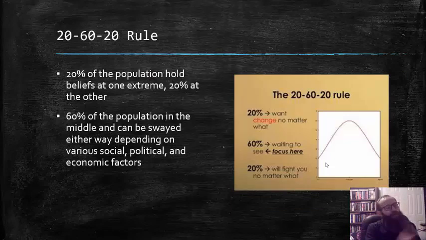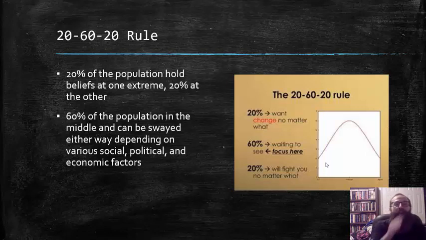Now, closely associated with this idea of the political spectrum is what is known as the 20-60-20 rule. And this rule essentially posits that 20% of the population hold beliefs at one extreme of the political spectrum, the left per se.